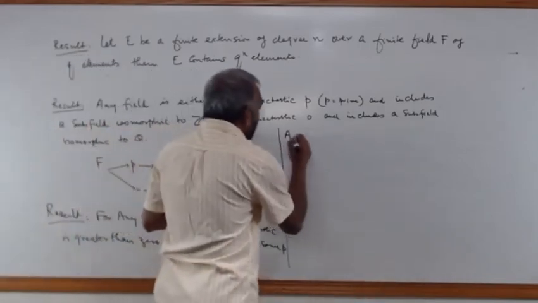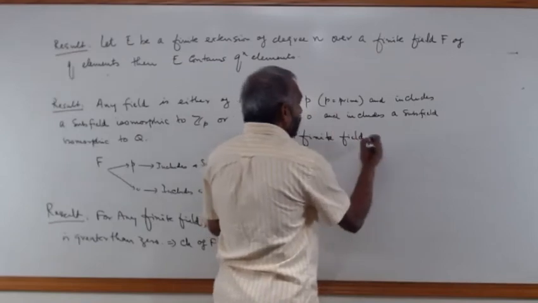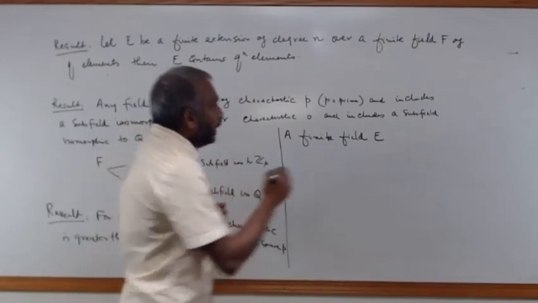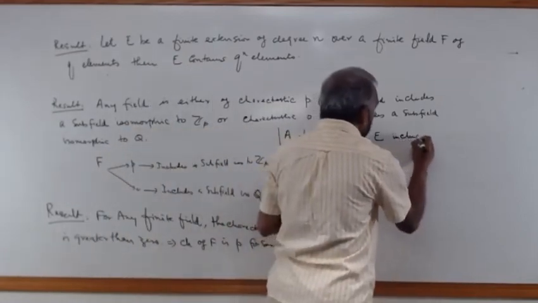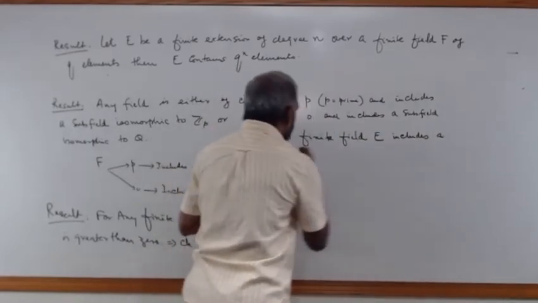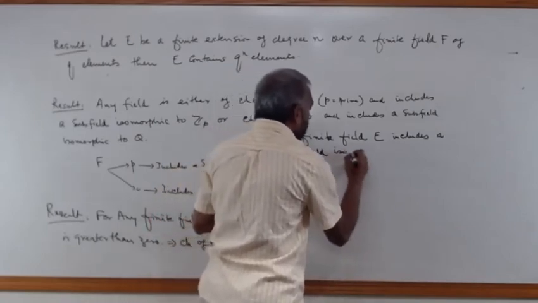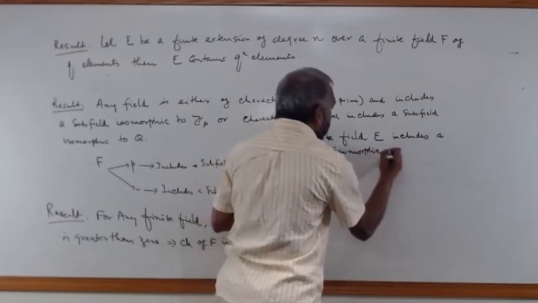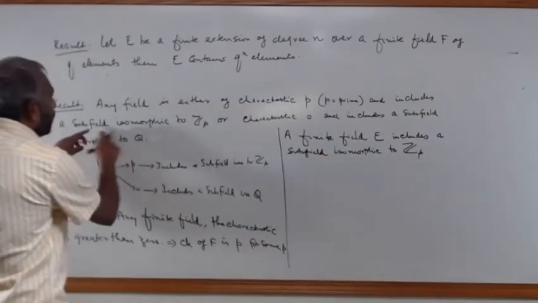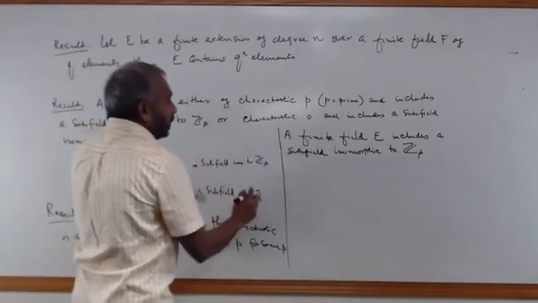So a finite field E includes a subfield isomorphic to Zp. We are excluding the other case because its characteristic is not 0. So we are reducing this result to here.